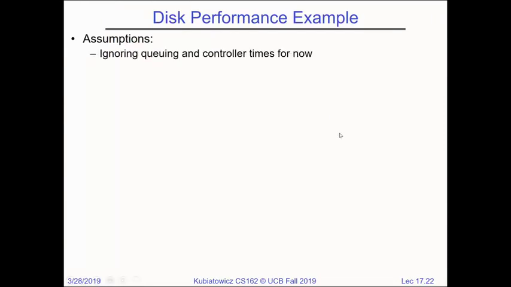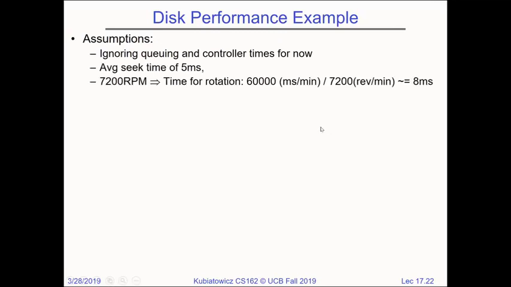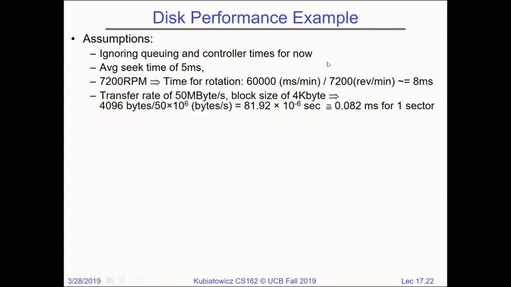If we ignore queuing and controller for now: average seek time 5 milliseconds, 7,200 RPM. Okay, here we go. How many milliseconds in a minute? 60,000. Divided by 7,200 revolutions per minute gives you about 8 milliseconds for a revolution. Okay? So the transfer rate of 50 megabytes per second and a block size of 4 kilobytes, you could figure this out.